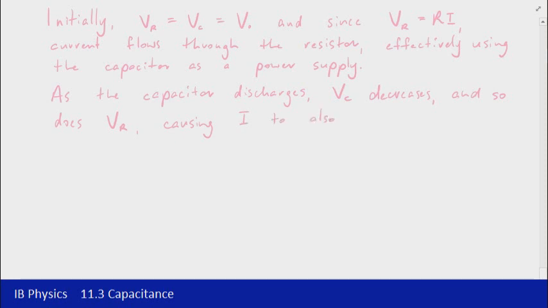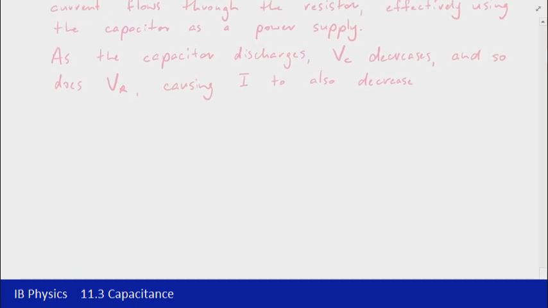So that means that once we start to discharge, initially it'll be a fairly large current, and so initially a fairly quick discharge, but then as the discharge continues, that current's going to decrease, and so the discharge rate will also decrease. So there's the second stage.